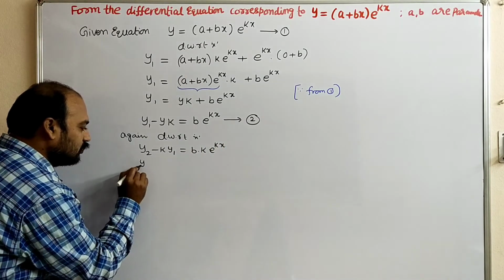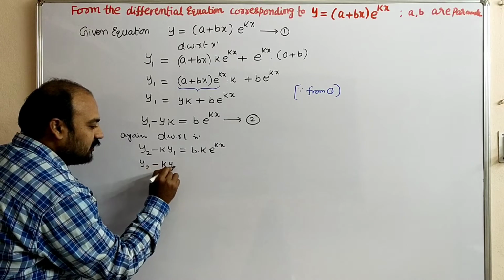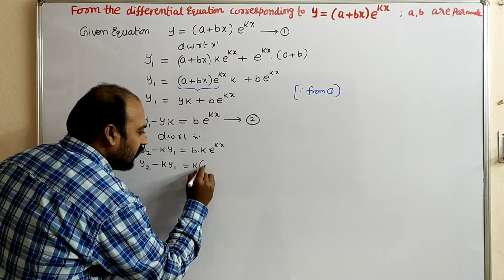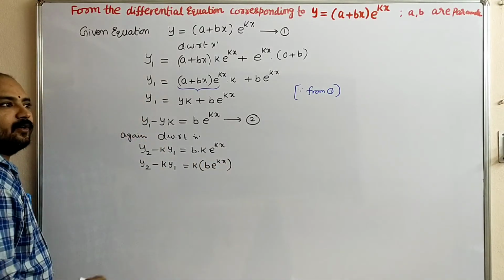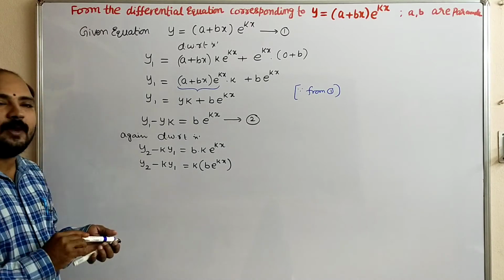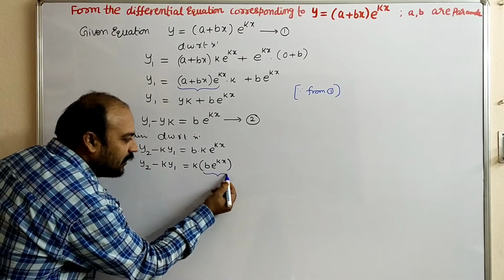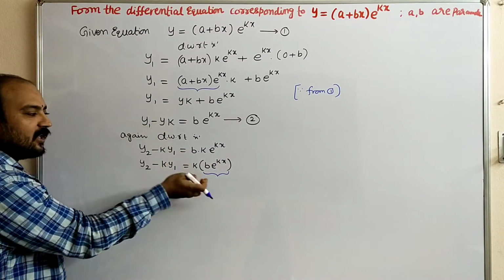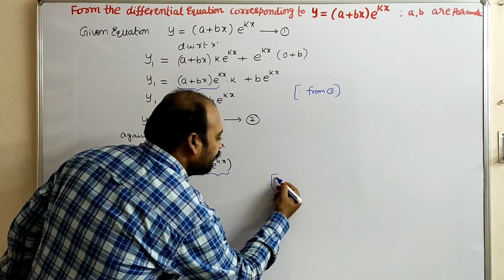So y2 minus k into y1 is equal to k into b e power kx. Since we have the value of b e power kx from equation 2, y1 minus ky, we have to replace it here.